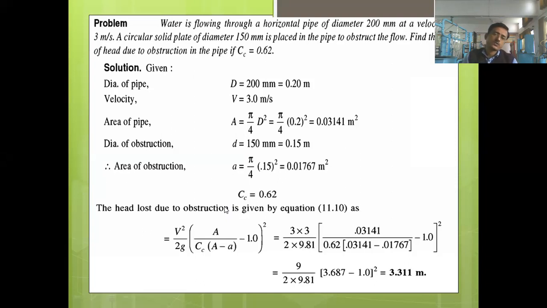Formula for loss of head due to obstruction is equal to v squared upon 2g, in bracket, capital A upon Cc into (capital A minus small a), minus 1, bracket squared.